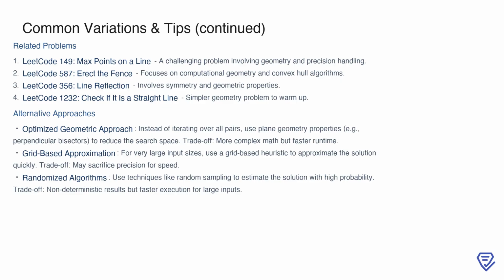This method sacrifices some precision for speed by using a heuristic approach. Lastly, randomized algorithms, such as random sampling, can provide an estimate of the solution with high probability. These are faster for large inputs but come with the trade-off of producing non-deterministic results. Exploring these alternatives can give you additional tools to tackle similar problems effectively.